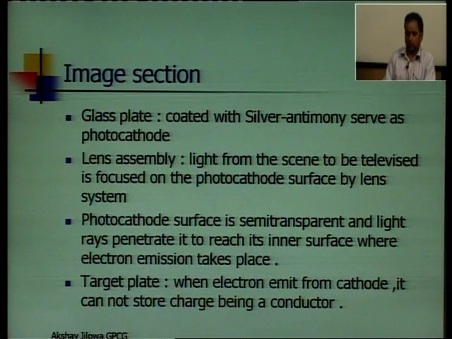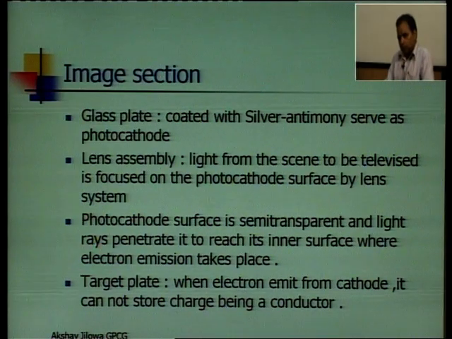Photocathode is a material which gives us electrons when it is exposed to light, or when photons strike it. Then the lens assembly: light from the scene to be televised is focused on the photocathode surface by the lens system.